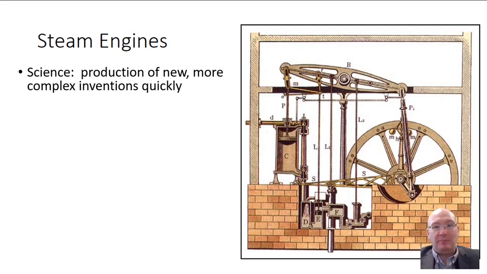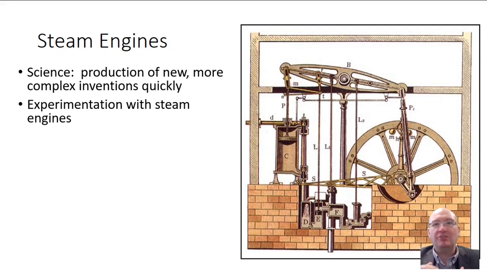You also need to understand metallurgy. You need to understand a lot of different things and math in order to make something this complex work. And science allowed for this kind of envisioning of such devices. And shortly after the scientific experimentation, Europeans will increasingly experiment with steam engines.